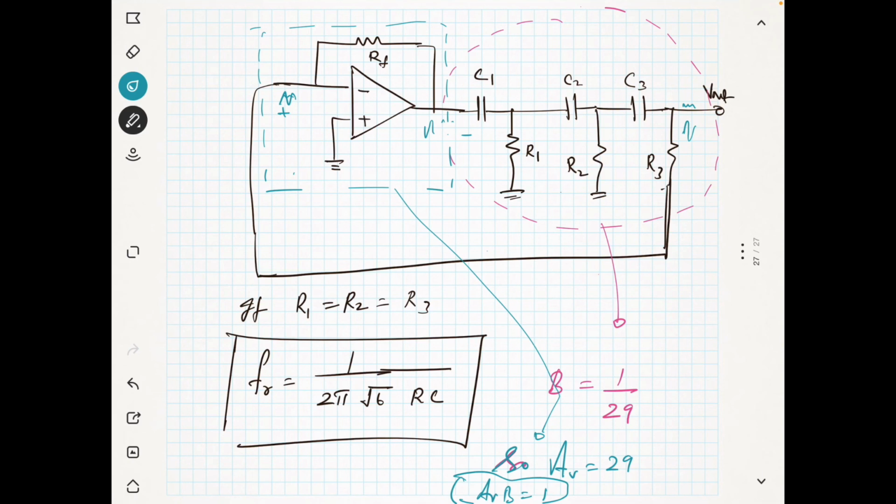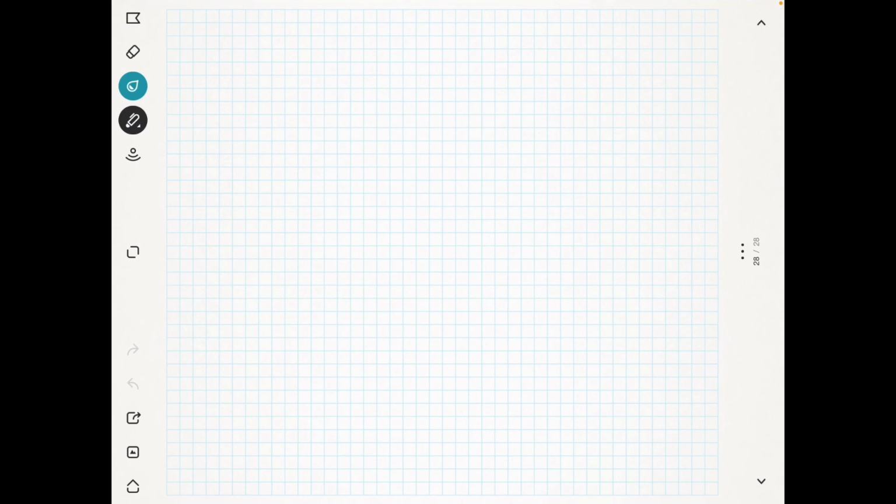Here we are using a non-inverting amplifier and a 3 RC network for getting a total phase shift of 360 degrees. The amplifier provides a phase shift of 180 degrees and your feedback network provides a phase shift of 180 degrees, so that you get 360 degrees.